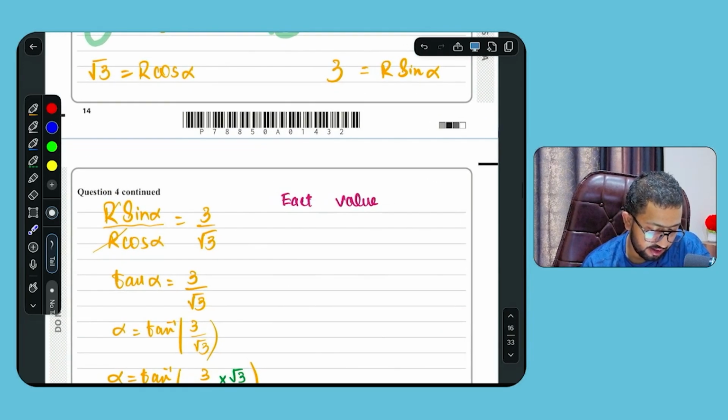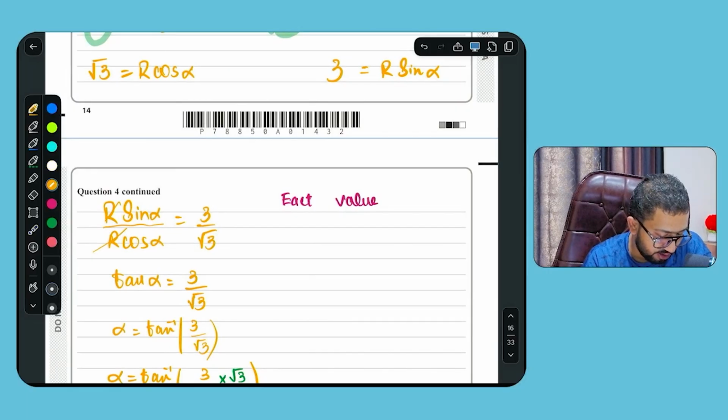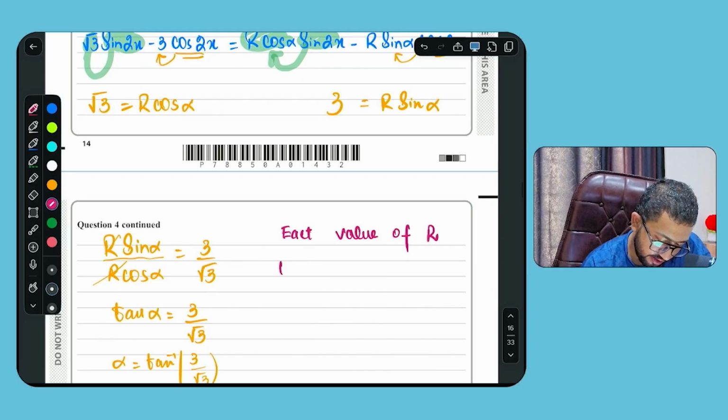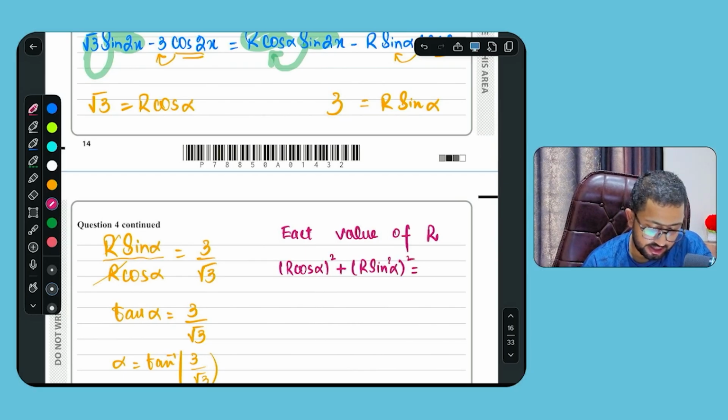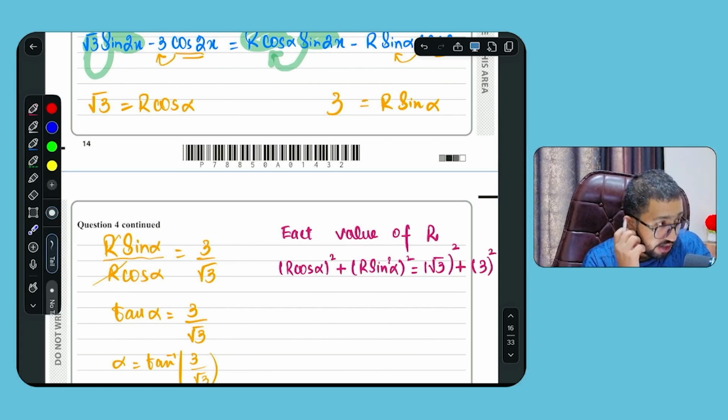Remember, exact value. And he is also talking about find the exact value of r. How to find the exact value of r? Sir, I know that I have to square the right and left side and then add them. Take care of square root 3 and take care of 3, and then add. I already told you.